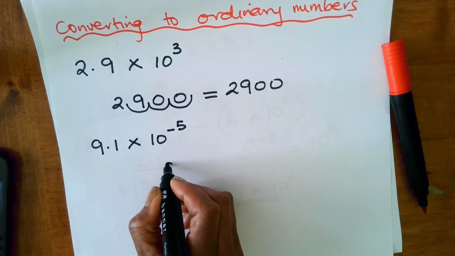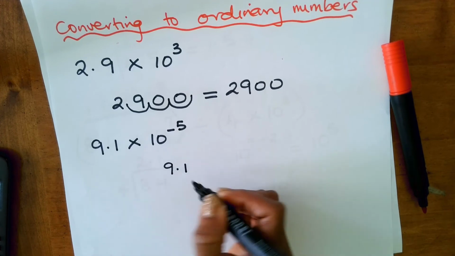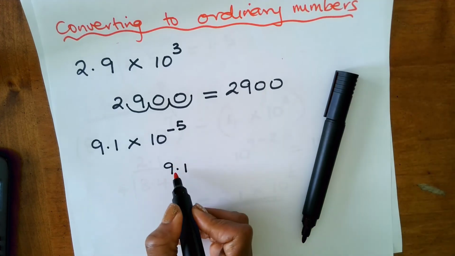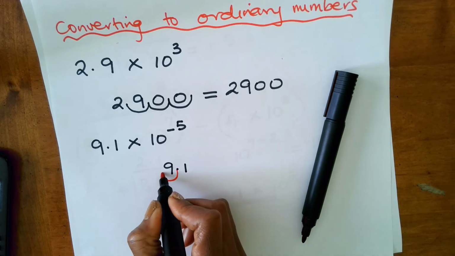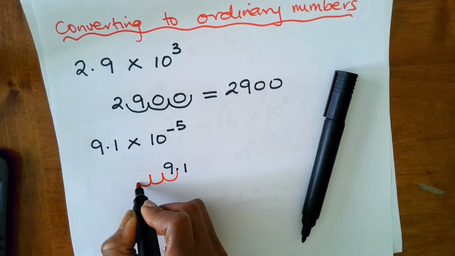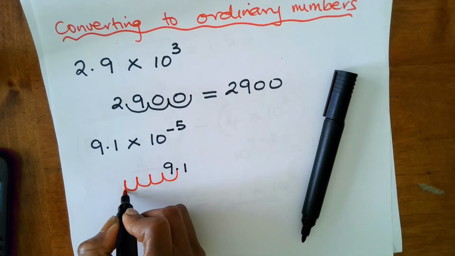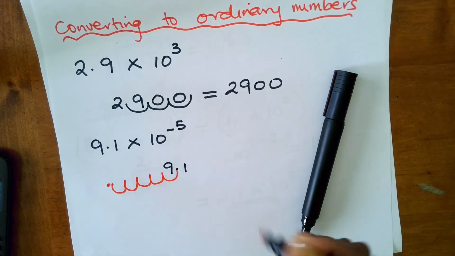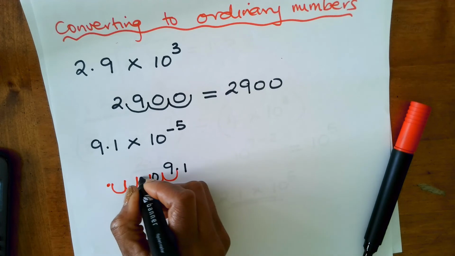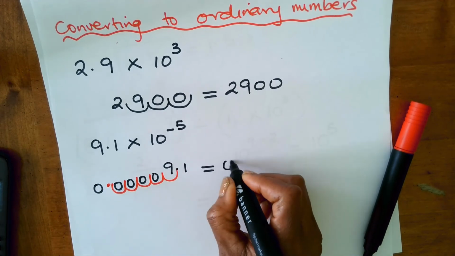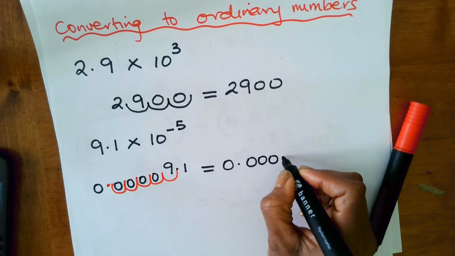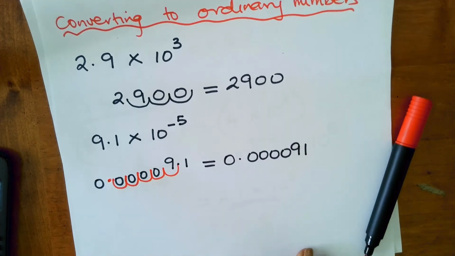So for this one, 9.1, because it's negative, I'm going to move 5 spaces to the left. 1, 2, 3, 4, 5. So I'm going to fill in this. So my answer here is 0.000091.